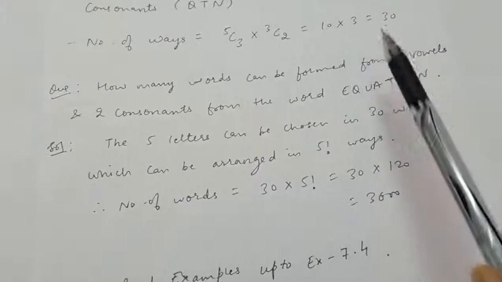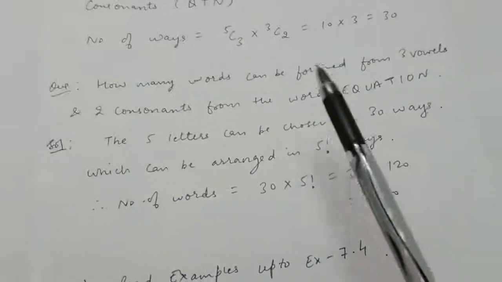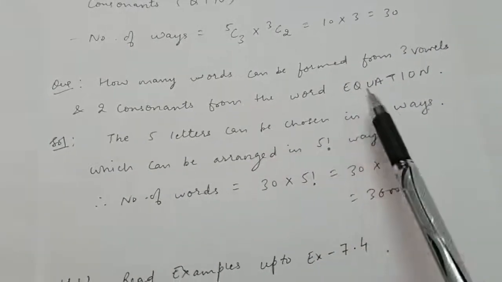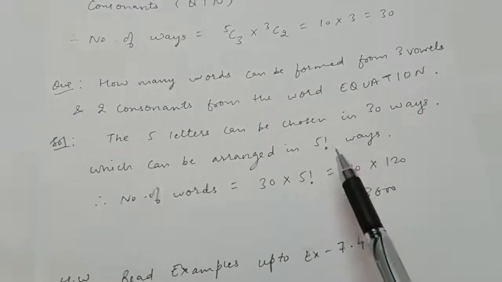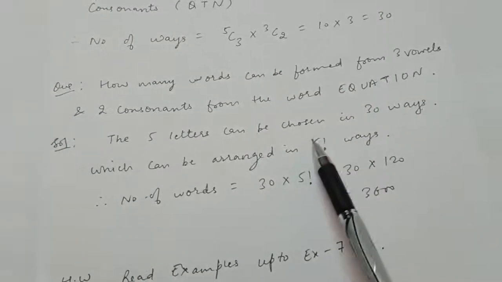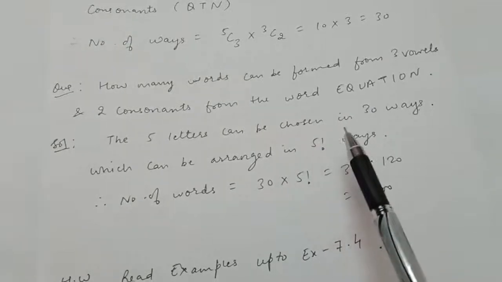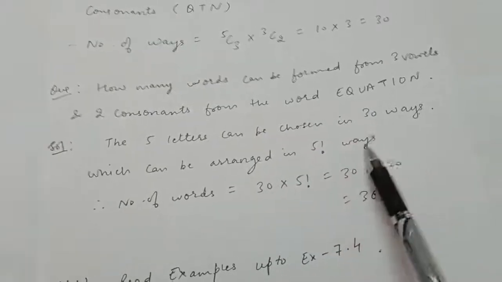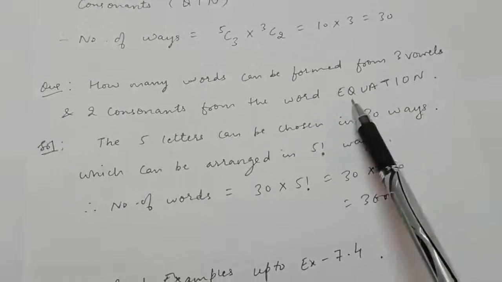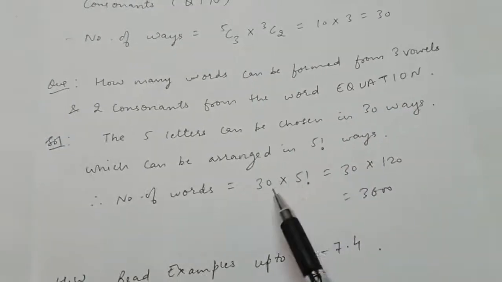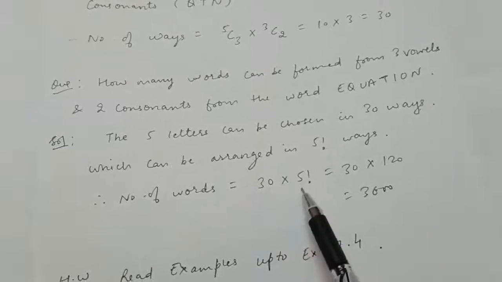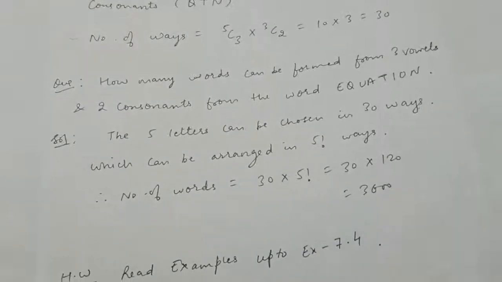We just did that above, right? But now these 5 letters can be arranged in 5 factorial ways, because all the letters which you select will be distinct, because no letter repeats in this word, right? So the total number of words that can be formed is 30 into 5 factorial, which is this, right?